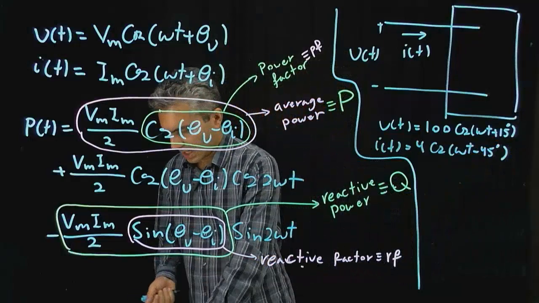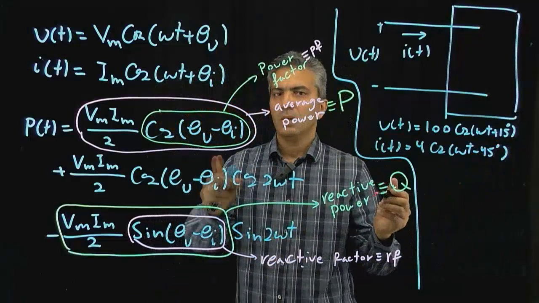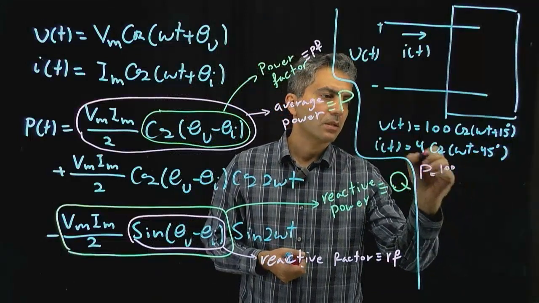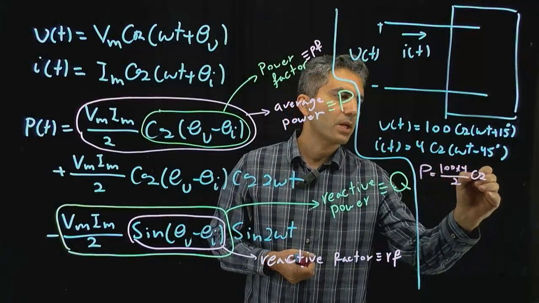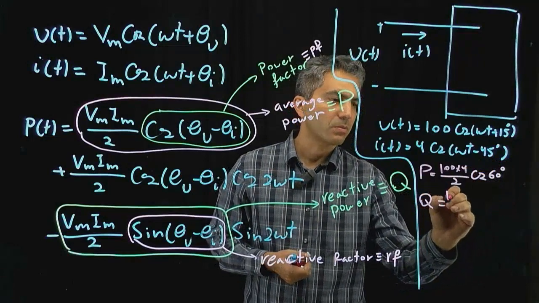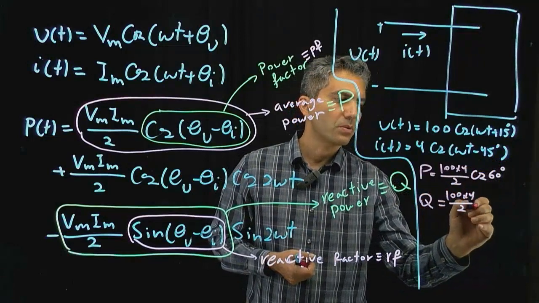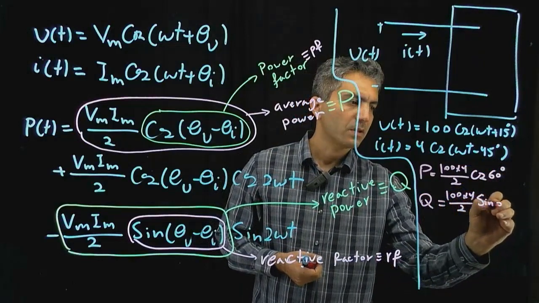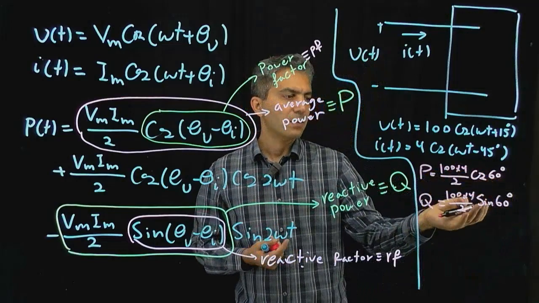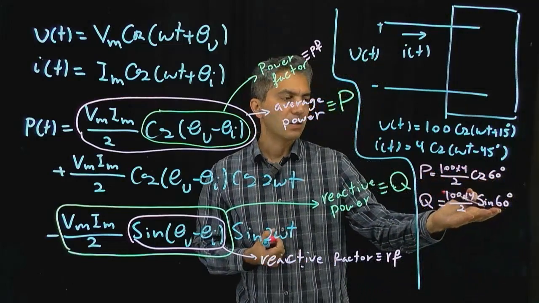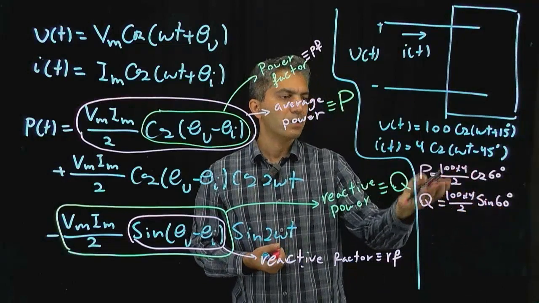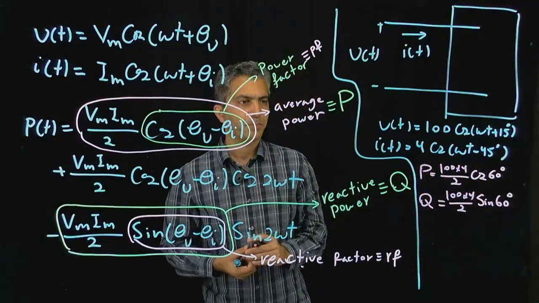So with that, the average power P is equal to 100 times 4 divided by 2 cosine of 60 degrees, and the reactive power would be 100 times 4 divided by 2 sine of 60 degrees. Now cosine of 60 degrees is half, sine of 60 degrees is square root of 3 over 2. Both of these values are going to end up being positive numbers.